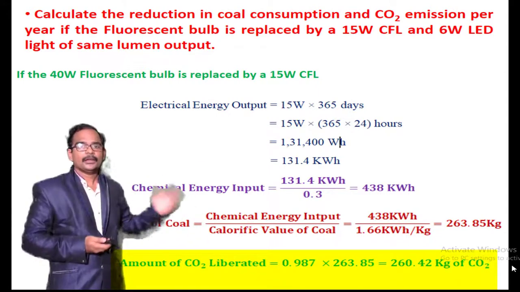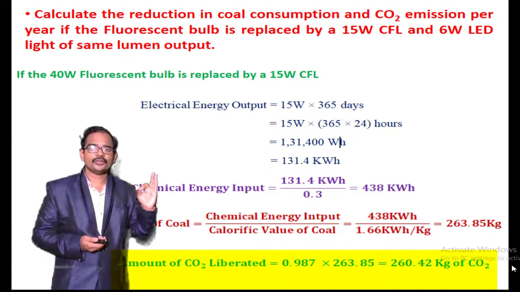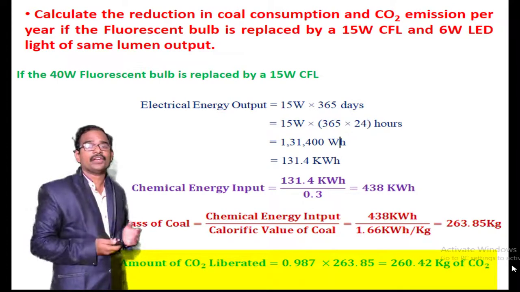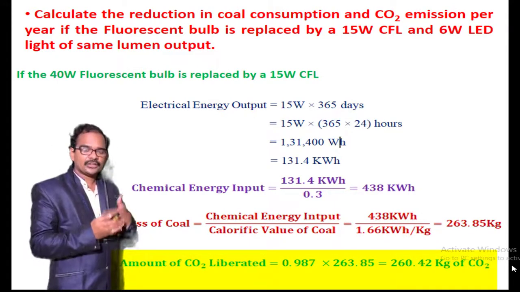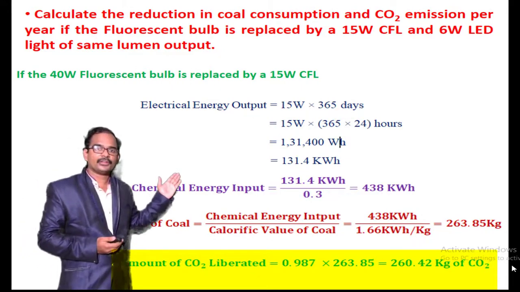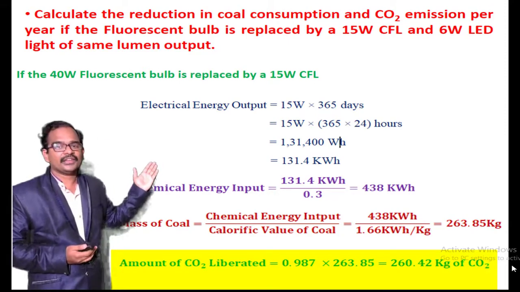You can see it here. By just replacing a 40 watt incandescent or fluorescent tube light with a 15 watt CFL lamp, we can reduce the utilization of coal and the liberation of CO2 by 65%. Previously, by using a 40 watt bulb, I was using 703 kgs of coal.